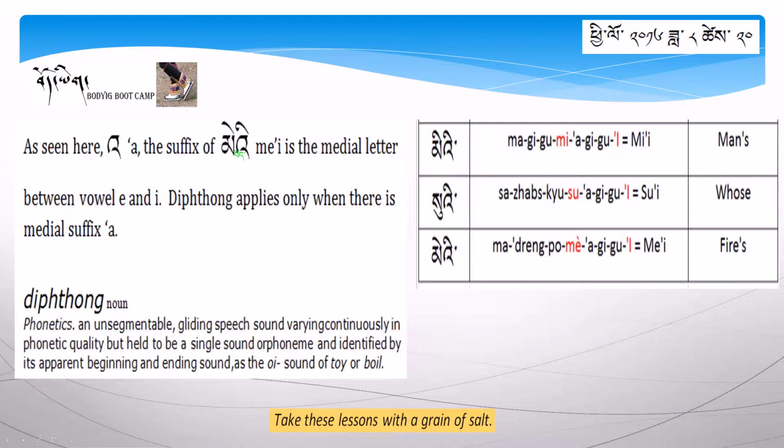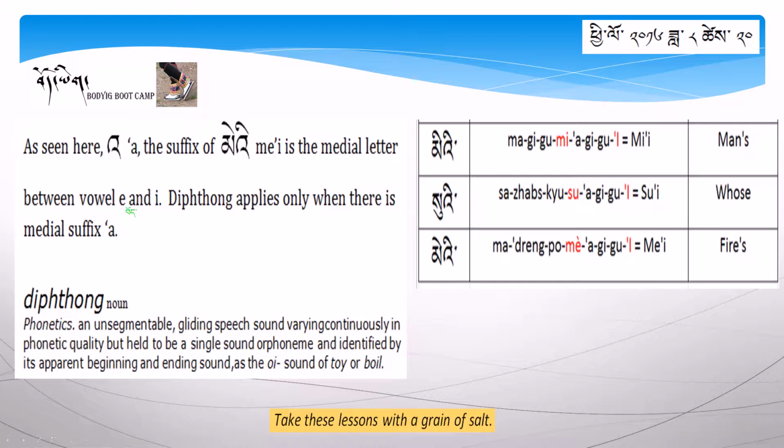So depending on the word, but this is the only letter that could go in between two letters, which forms diphthong. And when you pronounce it, it should have a gliding speech. So this would be me, madengbo me, akigu I, me. So me, right?